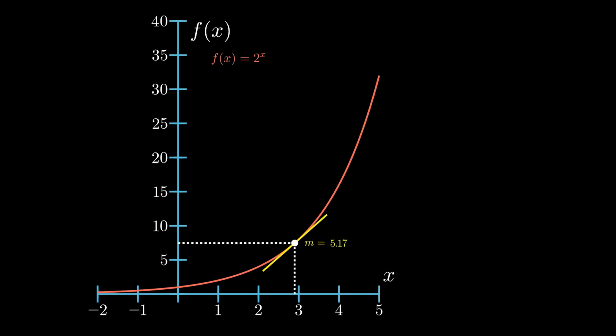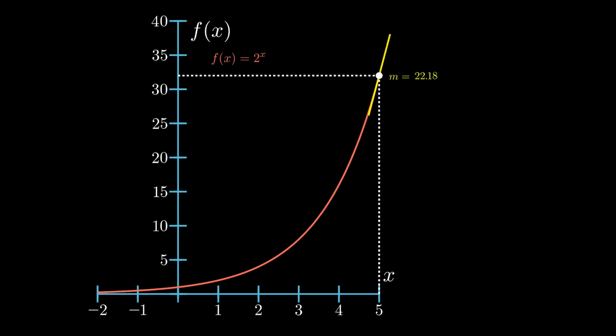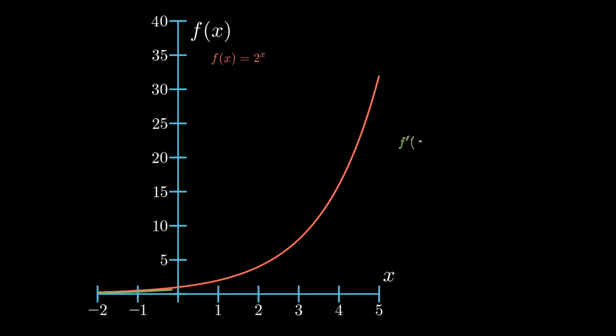So that would imply that the derivative function is an exponential. Okay, so we can see that here where I've got my m values there, and you can pause the video at any point and you'll see that the m value on my original function is equal to the y value on the derivative. And so that kind of answers why.